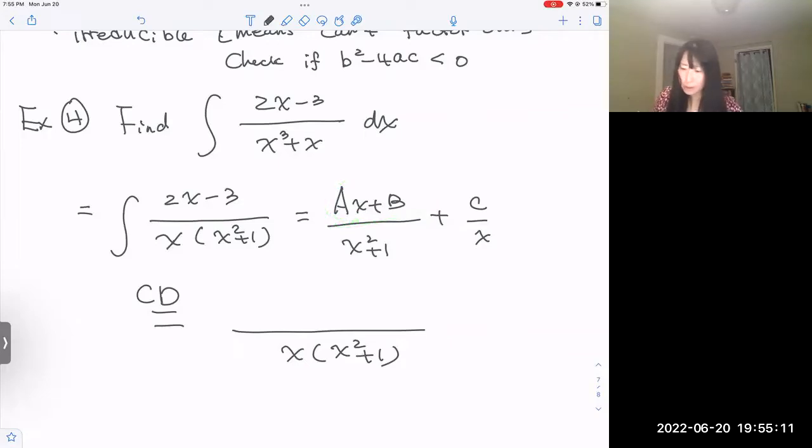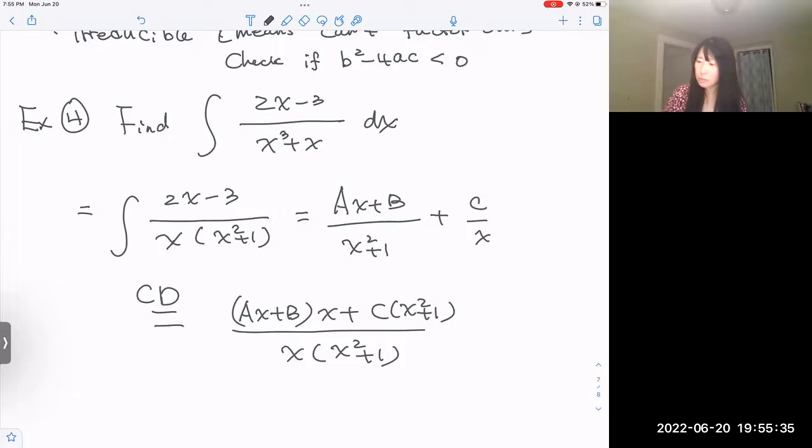So we're gonna have x. And this one may need x squared plus 1. Okay. Which one will be better? System of equations is better.